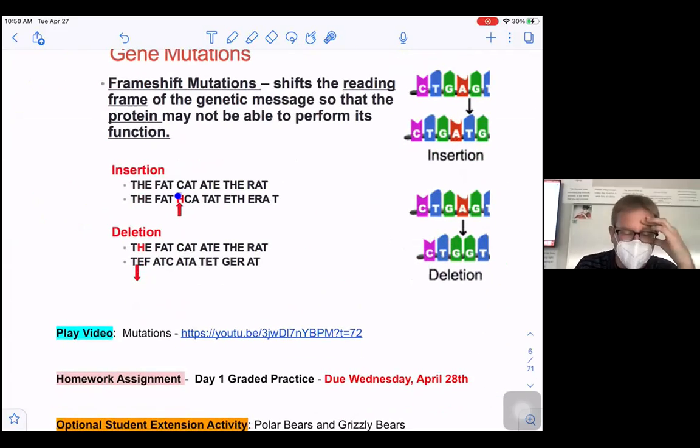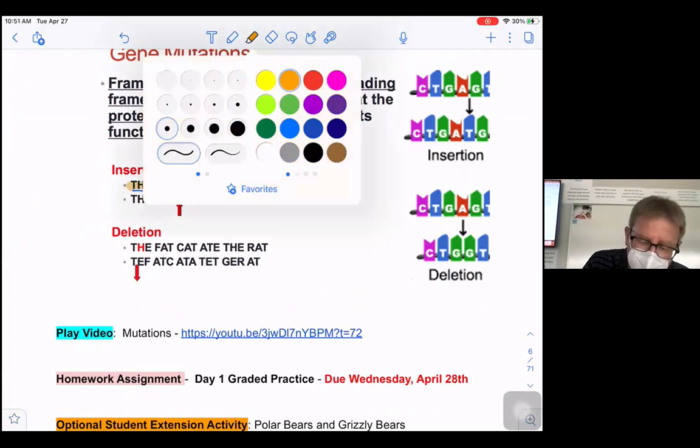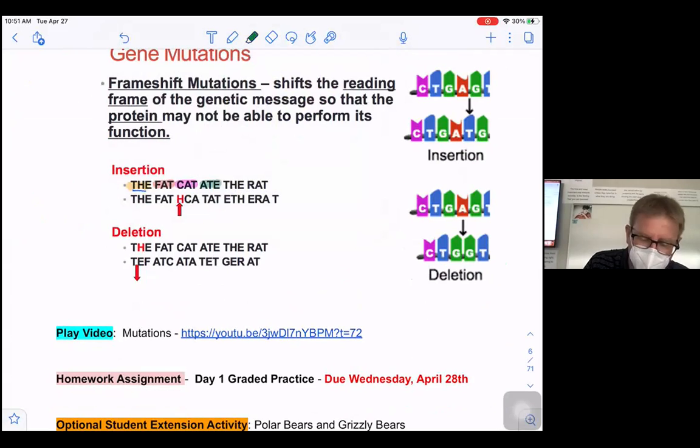I like the examples here that I've got at the back part when we start looking at how we read sentences. As we read these sentences, the fat cat ate the rat. Remember, these are all letters or words in groups of 3 letters, which represent the codon, right? So this here, and actually let me use the highlighter because these are a little bit better. The, fat, cat, and ate are all codons, 3-letter sequences.